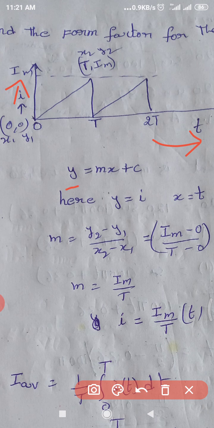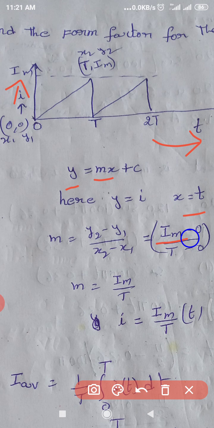So here y is equal to i, x is equal to t. Now we have to find the value of m. How can we find this value of m? It is y2 minus y1 by x2 minus x1. If you observe the points here, instead of y2 we have the value Im, and instead of y1 we have the value 0.